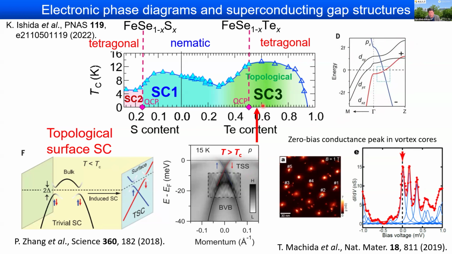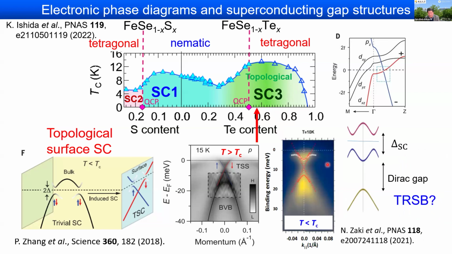And indeed, in these materials, if you measure STM near the vortex cores, you can find the zero bias conductance peak, which is an indication that we have a Majorana zero mode in this material. So these results are strongly suggesting that we have topological superconductivity in this SC3 phase, and it is indeed a very intriguing system.